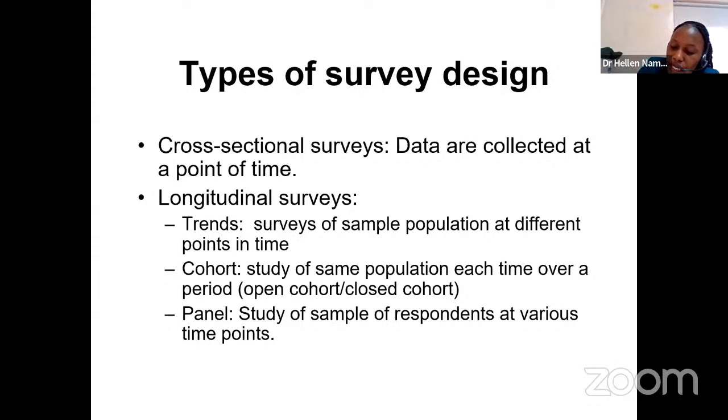For example, you can take a certain group of patients who come to hospital at various intervals, and you're working on a particular disease, and they have to come back after 3 months or 4 months. So you keep tracking this one unit up to a certain point. If you're tracking a unit in a sample more than once, we refer to that as a longitudinal survey.